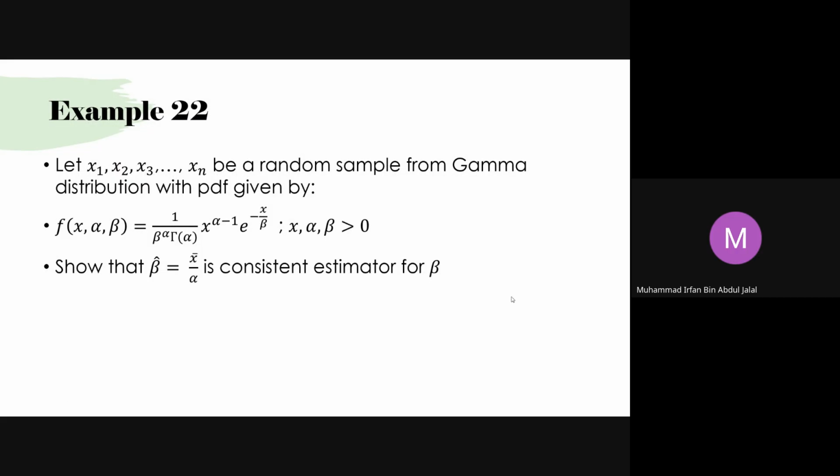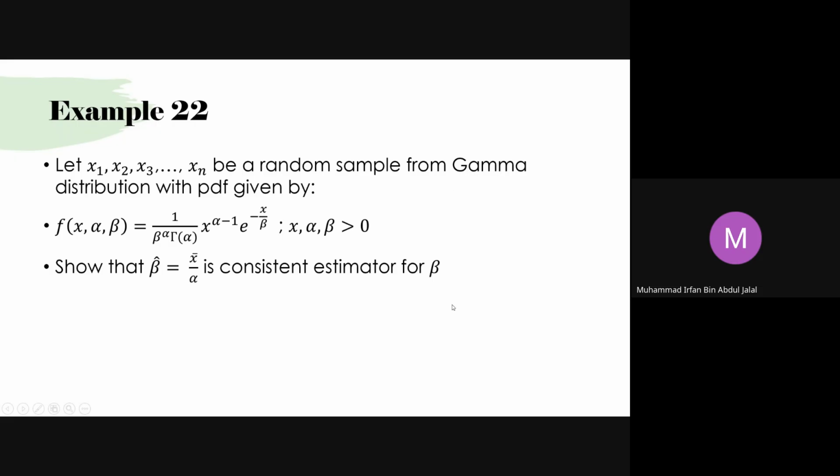Okay, so the last example for the consistency of an estimator. For example 22, imagine that we have another random sample x1, x2, x3 until xn, but this one is distributed as a gamma distribution.